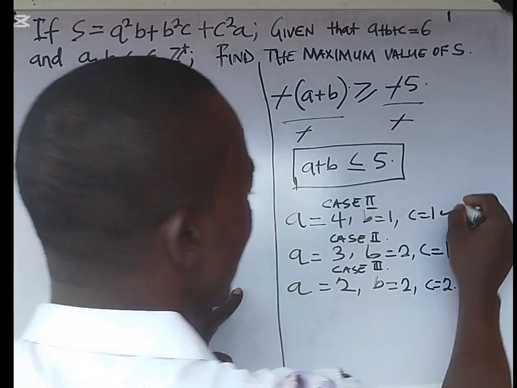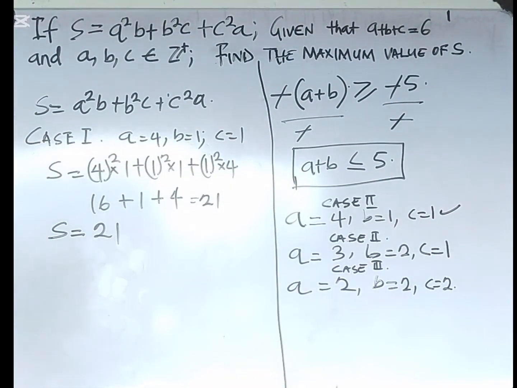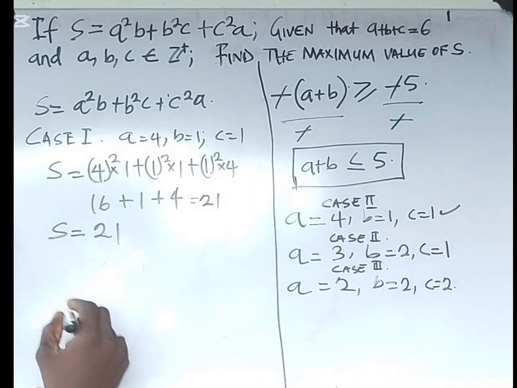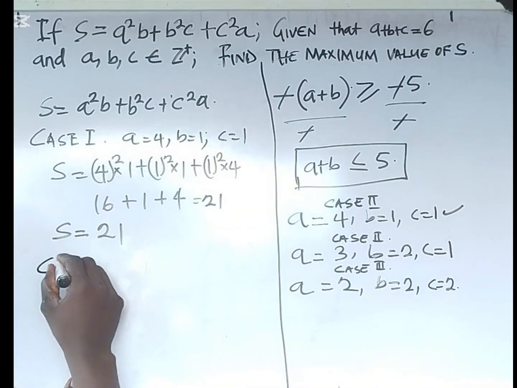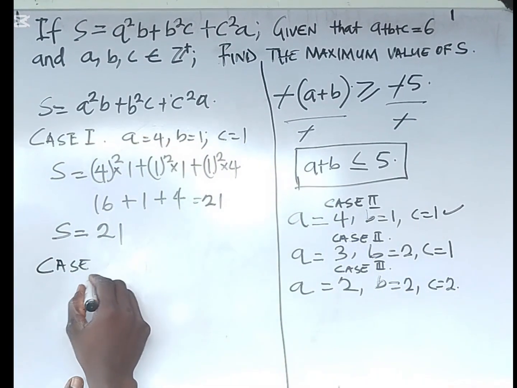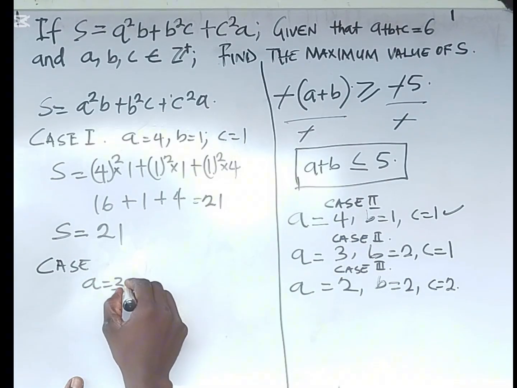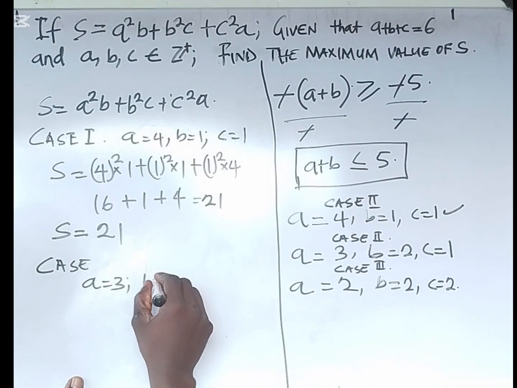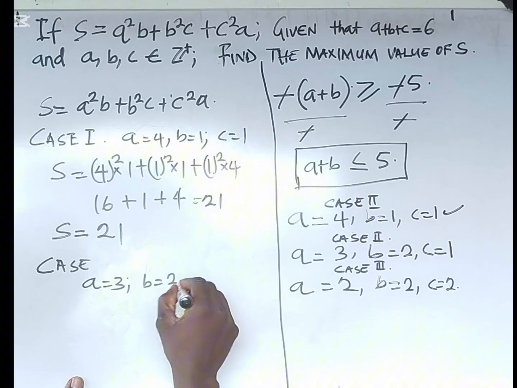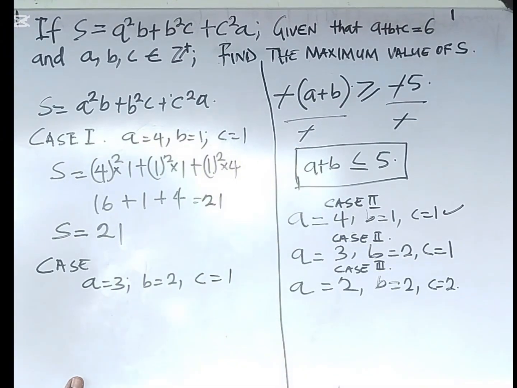So we're through with case 1. Let's consider the value of x in case 2. Case 2 gives us that A is equal to 3, B is equal to 2, and C is equal to 1.